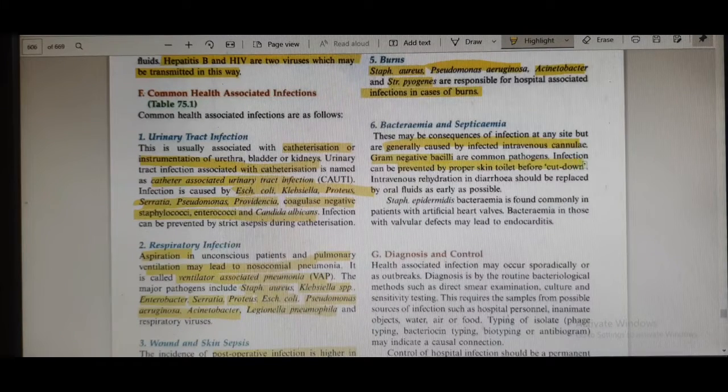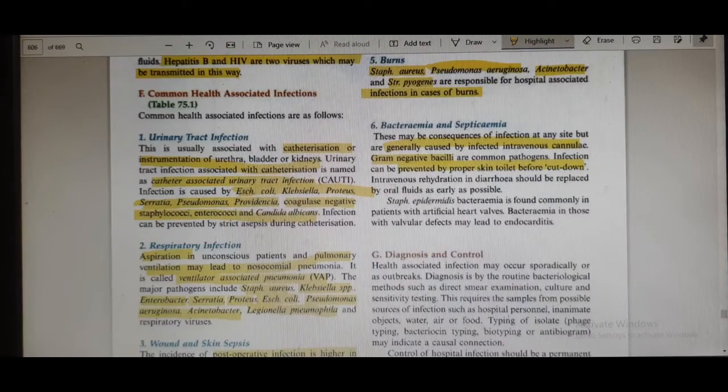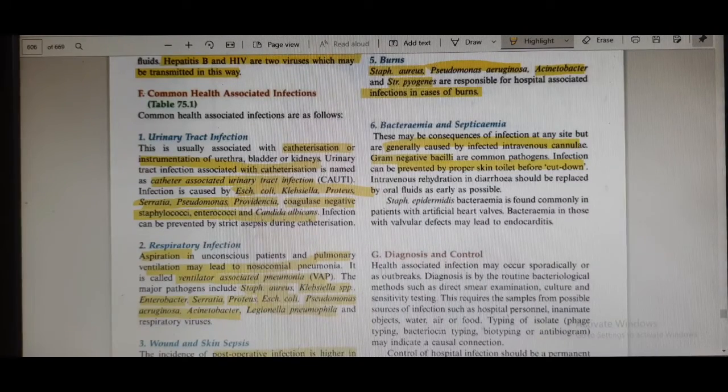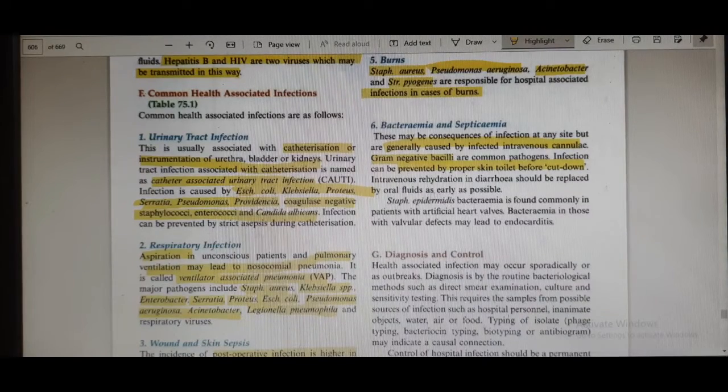Well before cutting through the skin, the area should be disinfected with spirit, Savlon, or betadine, disinfectants used to prevent skin microbes from penetrating into the intravenous area and causing infection.